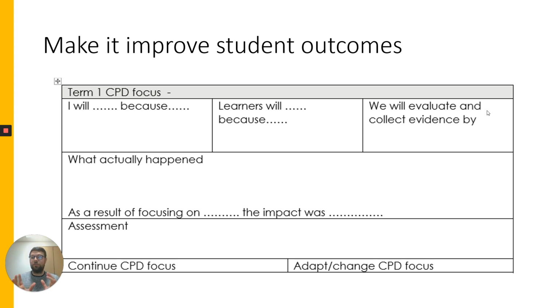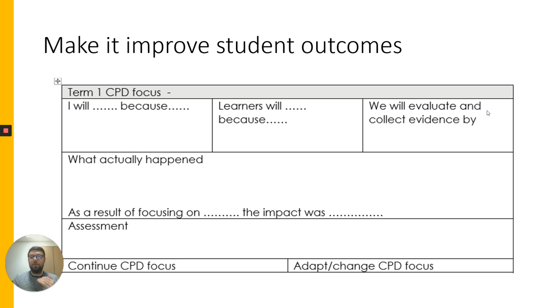So what this allows us to do is set up from the start how it will be evaluated and what the learners will do because of the CPD. And then if there is any issues around evaluation or learners, then it can be tackled straight away, and we can not waste the time which has elapsed on the CPD.